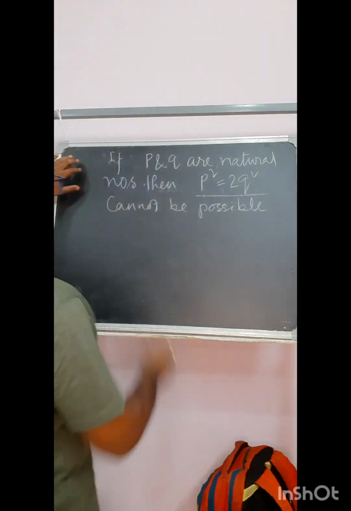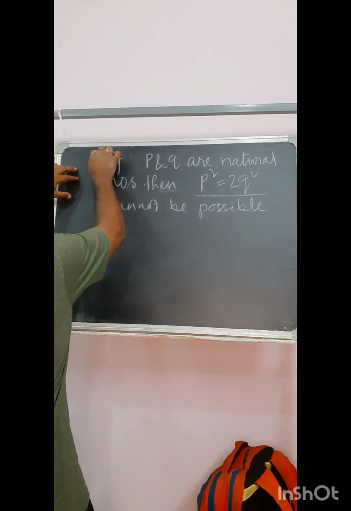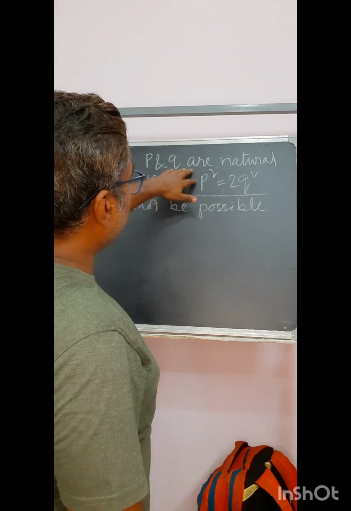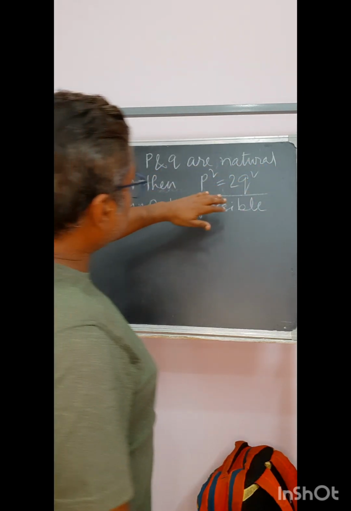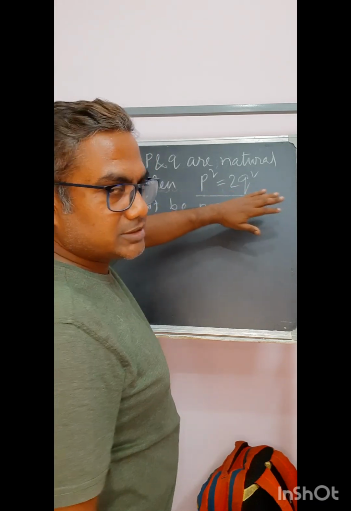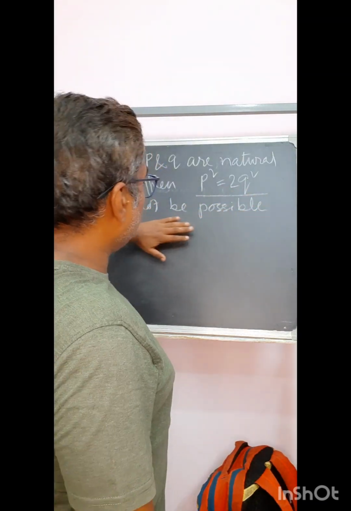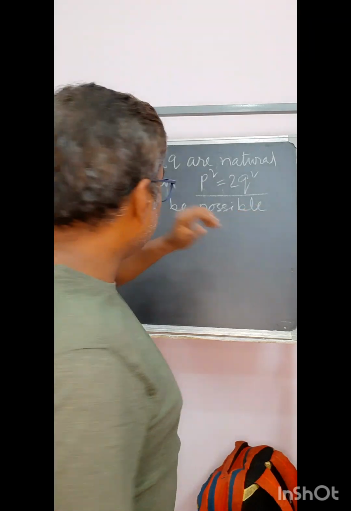This you have to prove. So this needs a proof that if p and q are natural numbers, then p square equal to 2q square can never exist, cannot be possible.